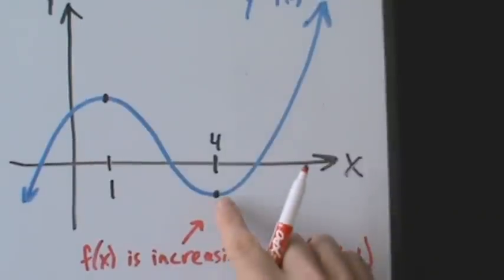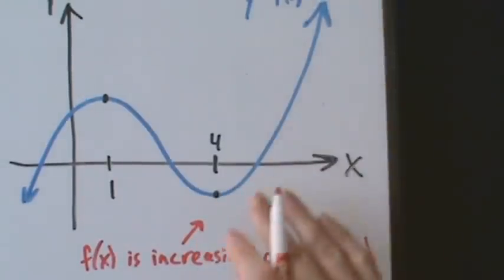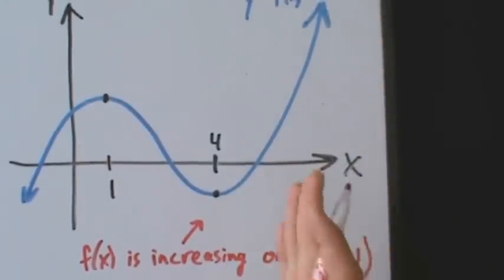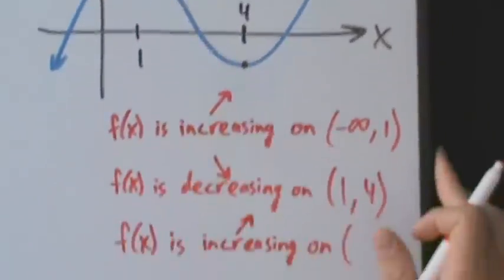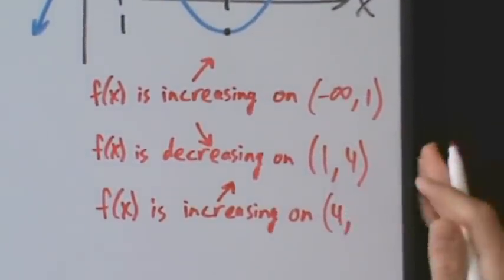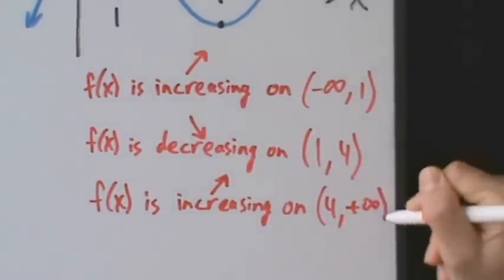So here, when x is larger than 4, the function is just increasing the whole time. It never turns back around. It's just shooting up, up, up this way, never stopping. So increasing on 4 to positive infinity.